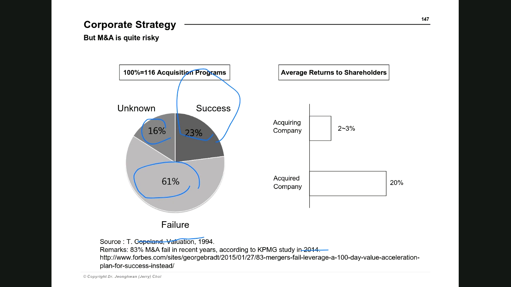More than 83% of M&A deals totally fail. But we never stop making M&A deals. Why do we fail in M&A, and why do we not stop?